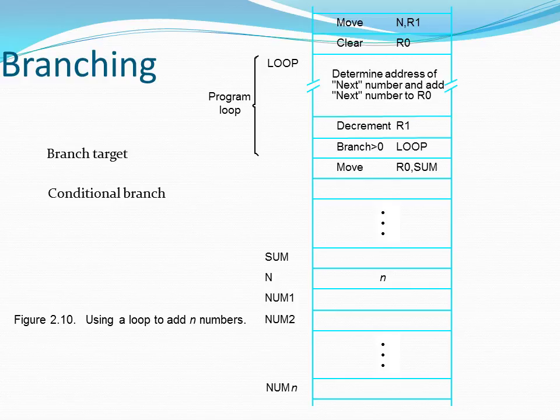In straight line sequencing the program counter always has the address of the next instruction, but in branching the branch instruction always loads the new address into the program counter. Whenever the branching condition, branch greater than 0, is not satisfied, the program counter is normally incremented. So that is the difference between straight line sequencing and branching.